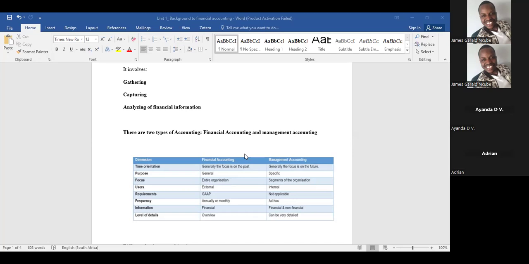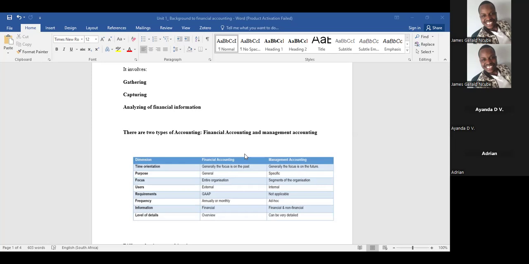As I said previously, in the example where the manager slaps the secretary, financial accounting is strictly financial information, monetary related. If it's not relating to money, it's none of our business, right? Whereas management accounting can be financial and non-financial, right?